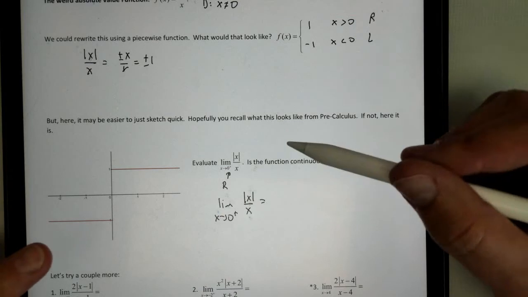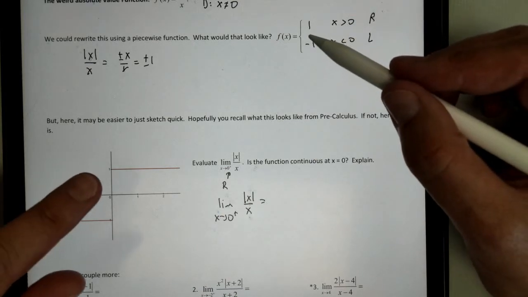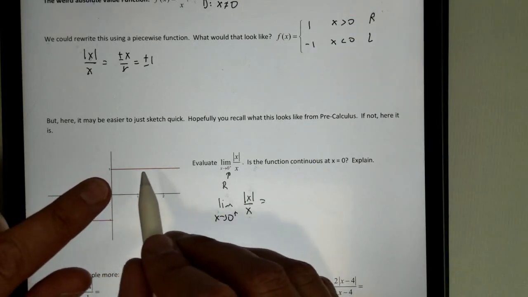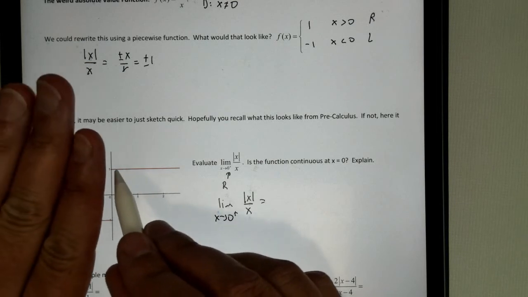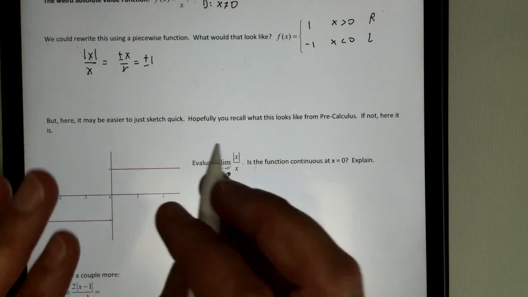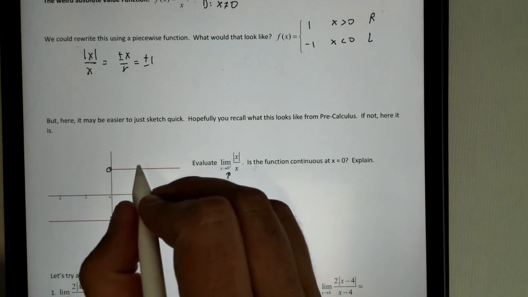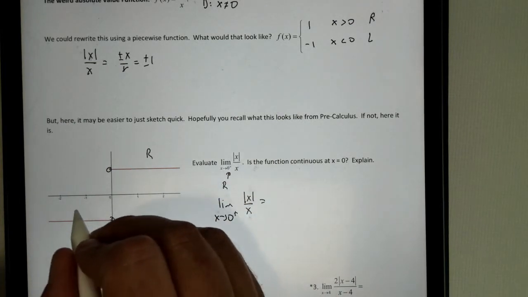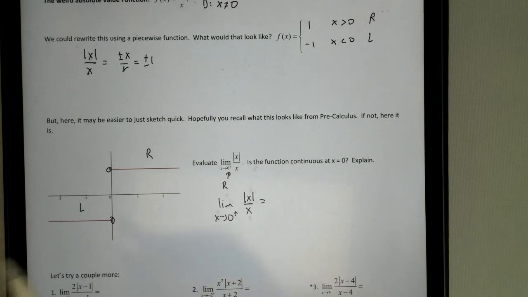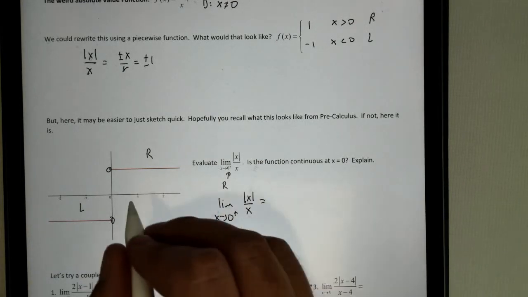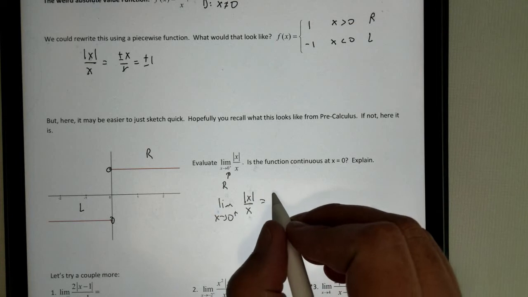I already graphed it right over here. Remember, anything greater than 0, the value is 1. These are both open circles. Anything to the right is positive 1, anything to the left is negative 1. So if I'm coming in from the right side, this will equal 1.